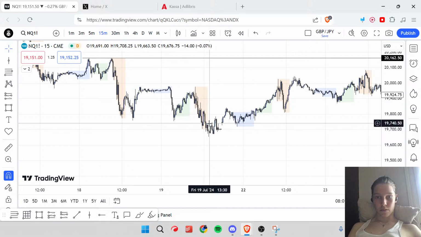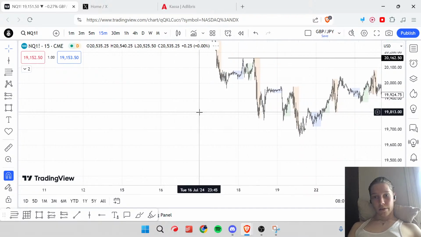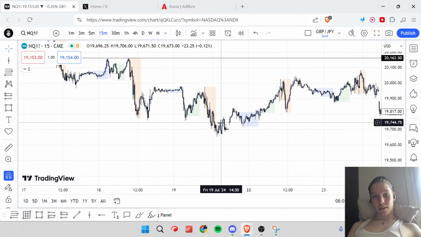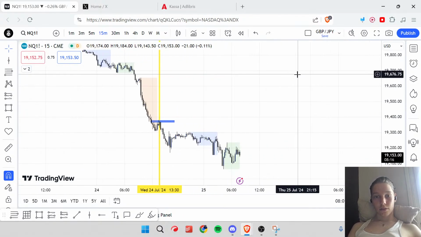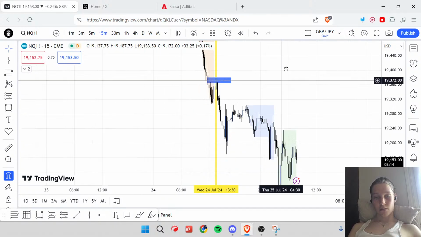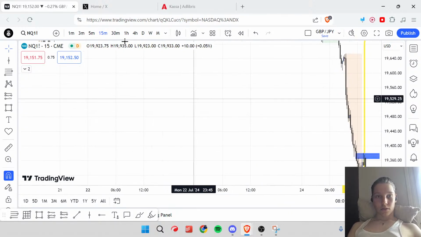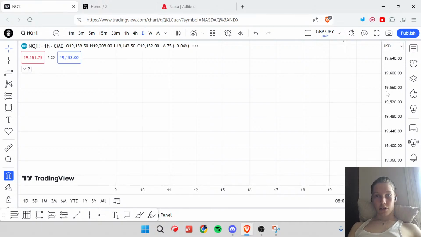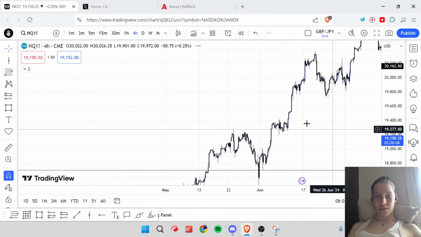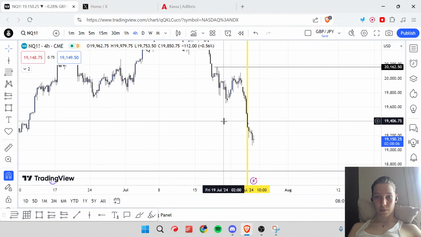I guess the pullback is expected when you still expect the market to move to the downside, so the sell side objective hadn't been met before the pullback happened. You know what I'm saying?